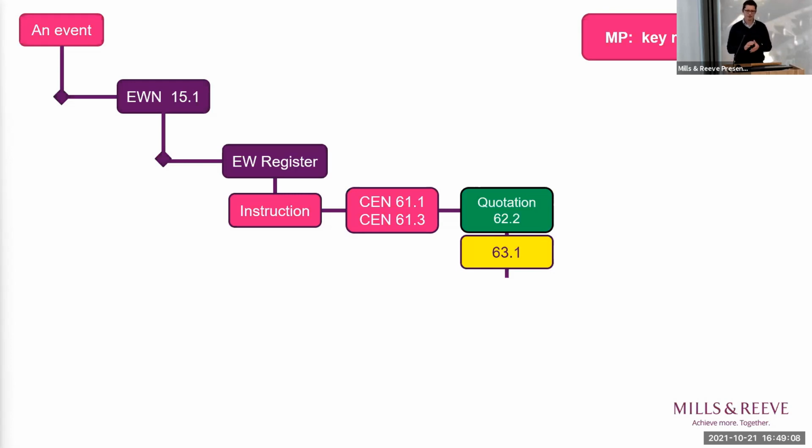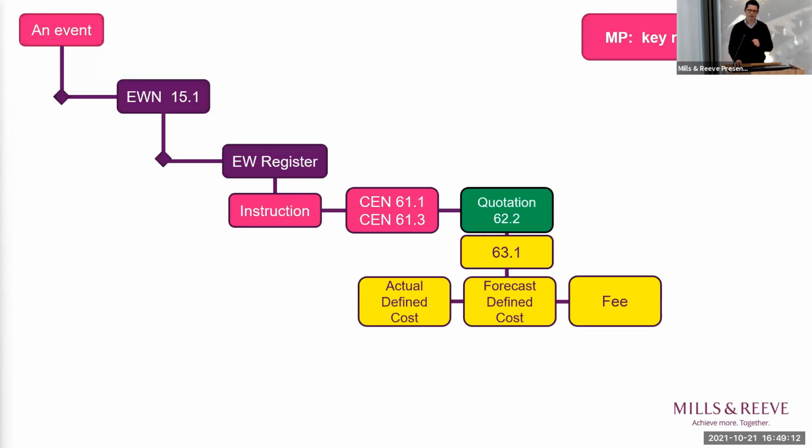And it can be a little bit fiddly. If you look at the words under 63.1, they deal with three separate elements. The first being your actual defined cost, the second being forecast defined cost, and the third being the fee which attaches to those two previous elements.